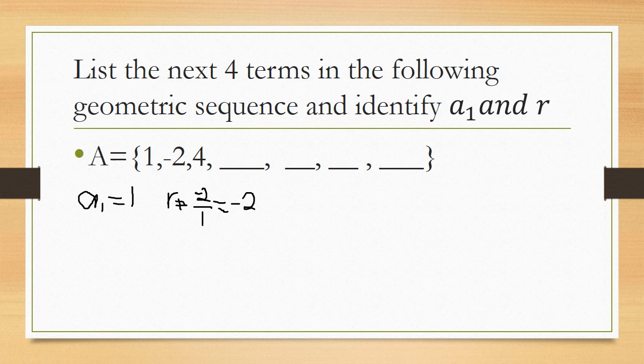If we multiply -2 by -2, we get 4. So to get to the fourth term, all I need to do is multiply 4 by -2, and 4 times -2 is -8. After that, we multiply -8 by -2, and -8 times -2 is 16.